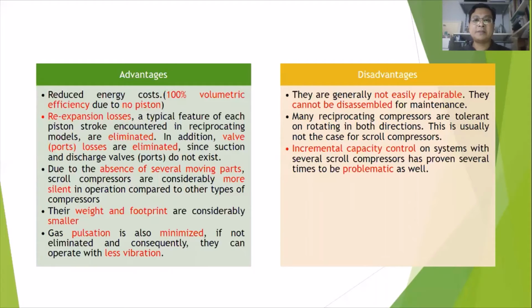Many reciprocating compressors are tolerant of rotating in both directions. This is usually not the case for scroll compressors. They cannot be used in two ways, only one way. Incremental capacity control on systems with several scroll compressors has proven several times to be problematic as well.